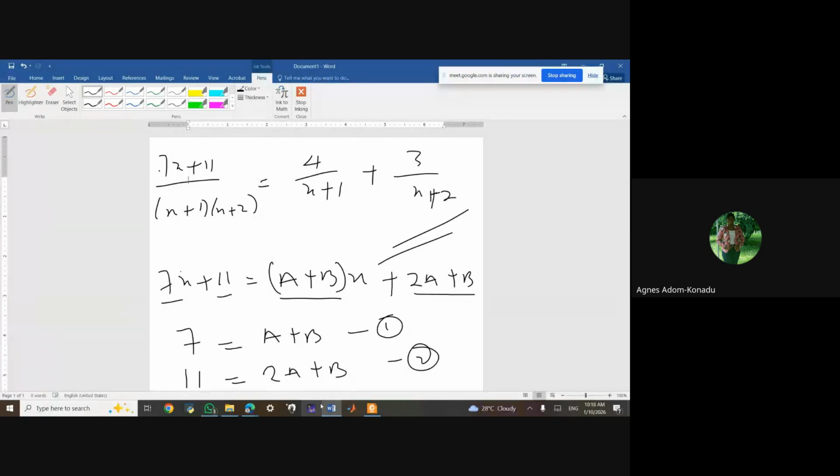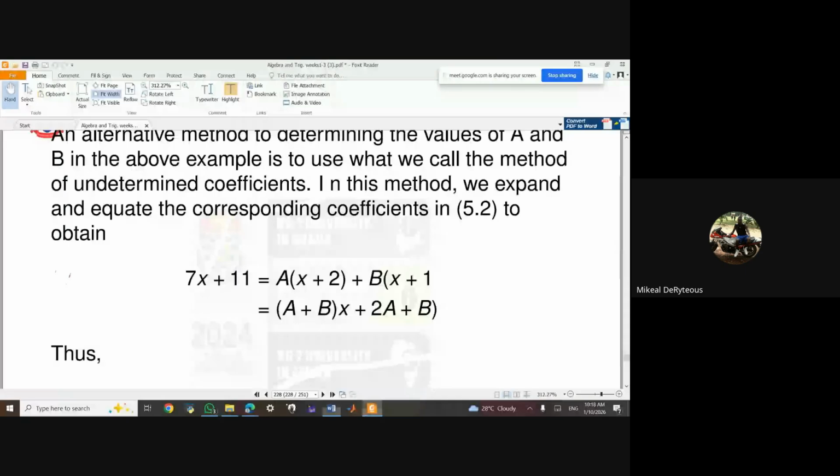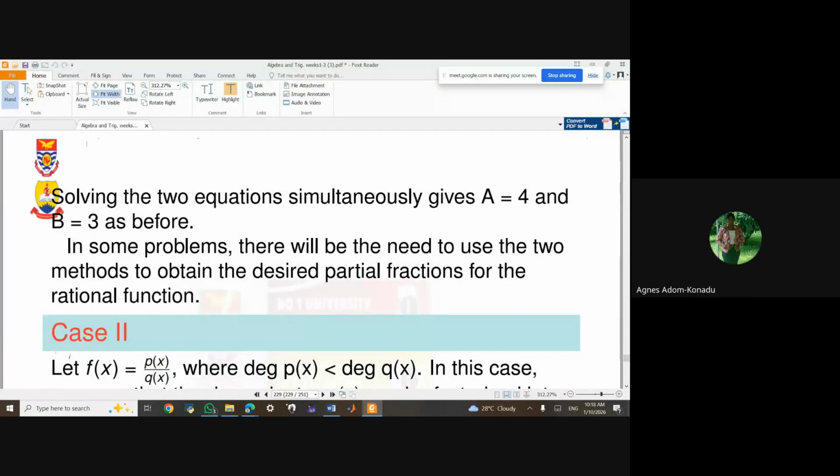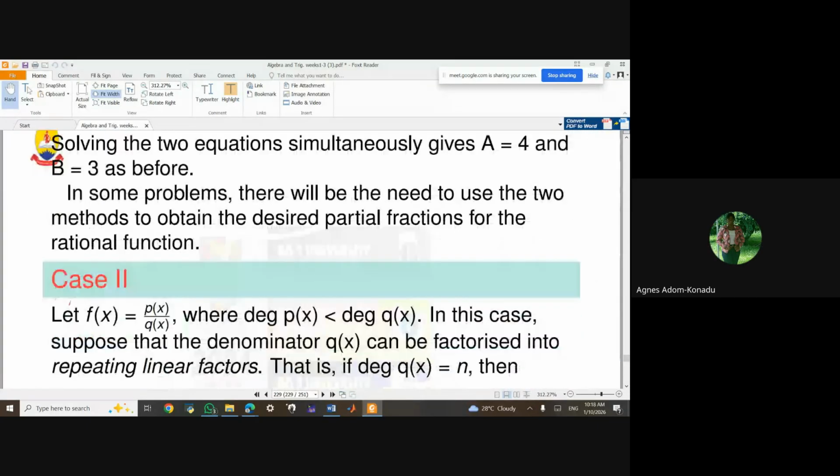So that's what I'm going to get. Okay. Questions like this are very, very good. So you can use this second approach and you're going to get the same thing.